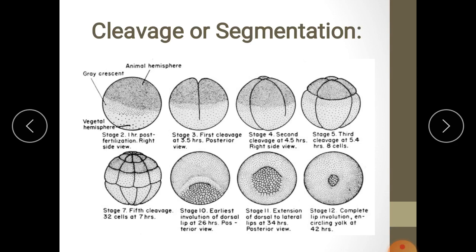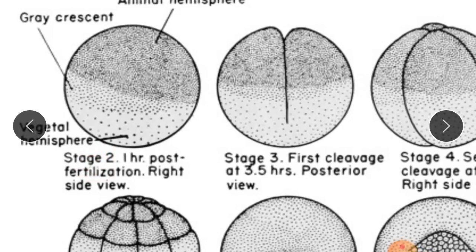And in between these two, you can see here. Can you see this part? In between these two, this is neither dark nor yellow in color, it is gray in color. Therefore, this part is called gray crescent.